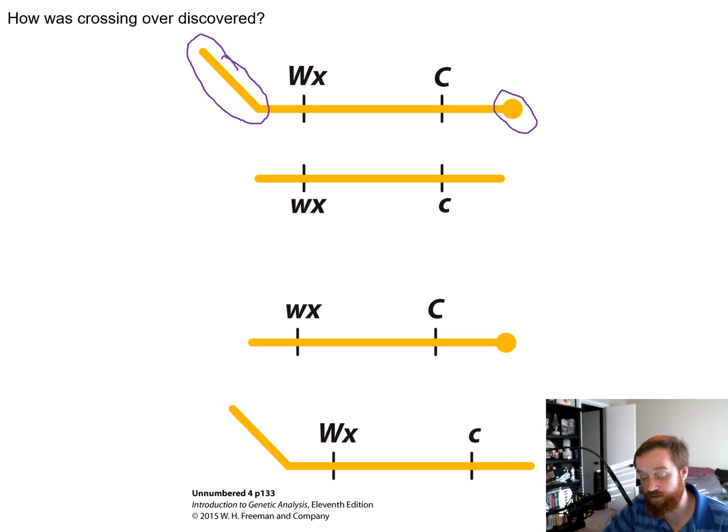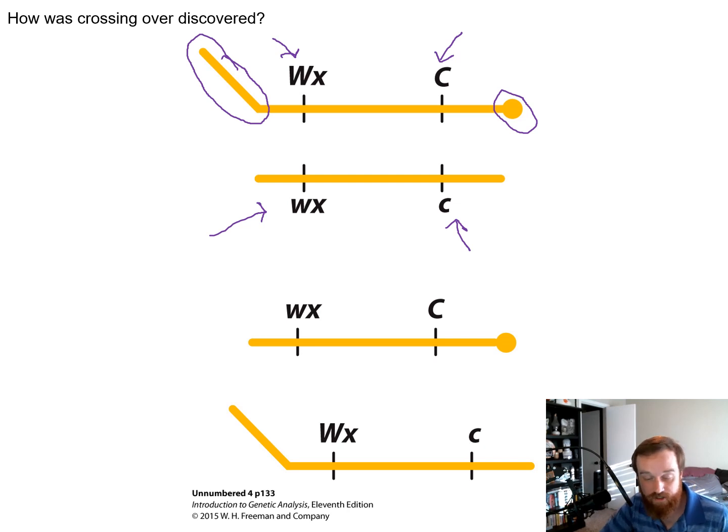And this unique chromosome that had the long tail and the dark staining region had the two dominant forms of this, WX and the C allele. On the other chromosome, we had a recessive WX and a recessive C, and it did not have the knob or the long tail.